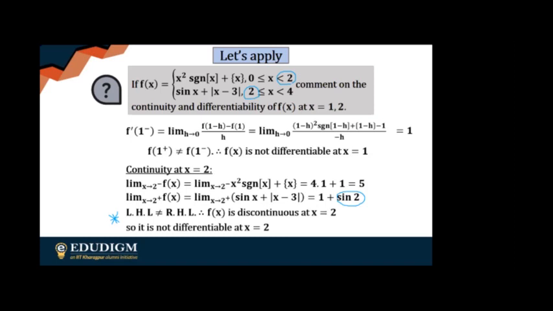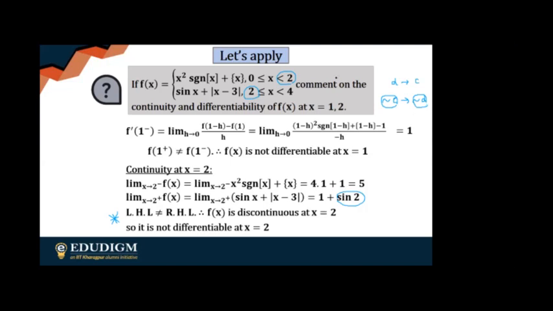Okay, is this okay with all of you? Just one thing, I'm saying that differentiability implies continuity. So what is the equivalent of this? Negation of continuity implies negation of differentiability. So if this is not continuous, this cannot be differentiable, because if it were differentiable, it would have been continuous.